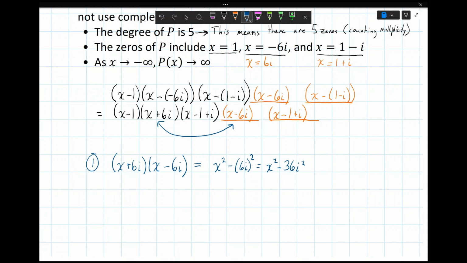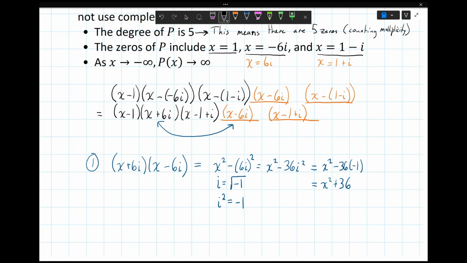Now the question is, what happens to the i here? Isn't it supposed to disappear? Well, remember that i is the square root of negative 1. So i squared is negative 1. So this turns into x squared minus 36 times negative 1, which is just x squared plus 36.